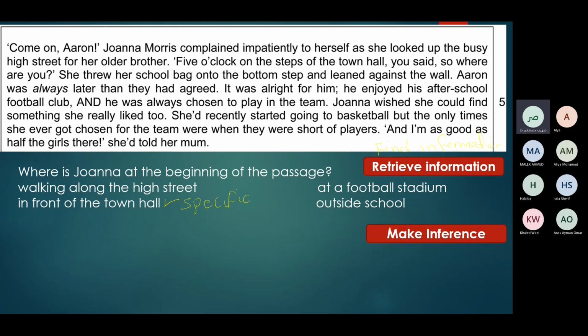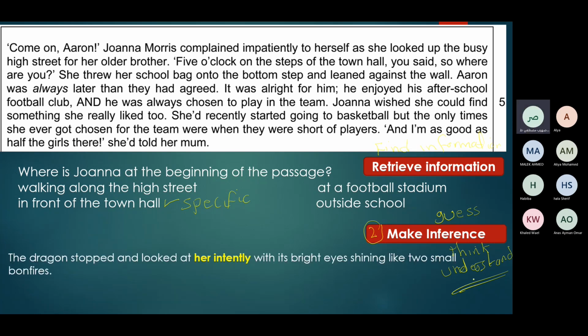Another question is making inferences. Making inference means you need to guess based on the information in front of you. So in this type of question, you will need to think and you will need to tell me what you understand. So you must understand what is written to answer. For example, here, this is a part of the text.